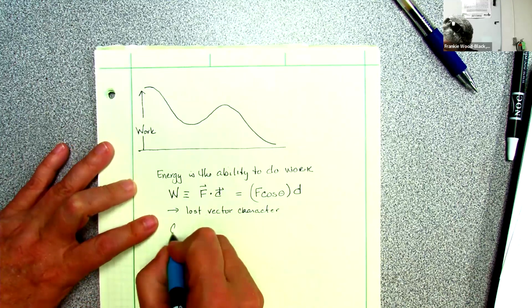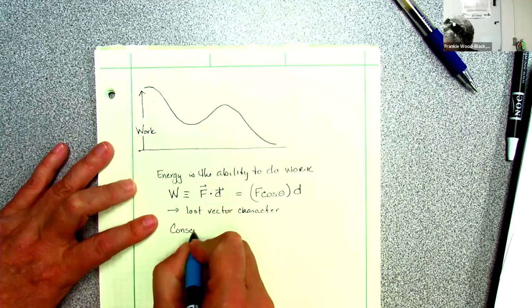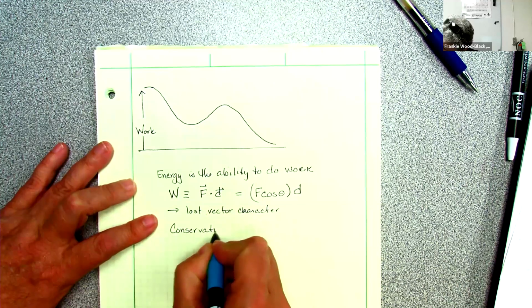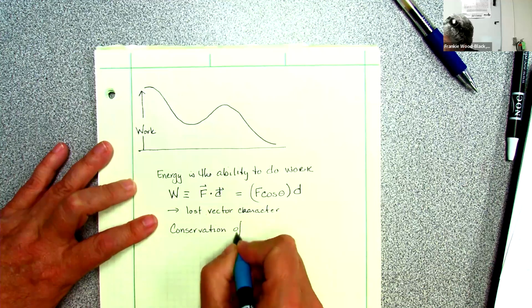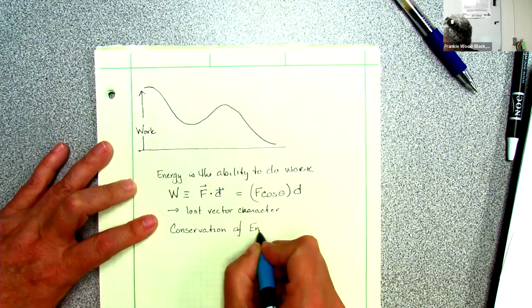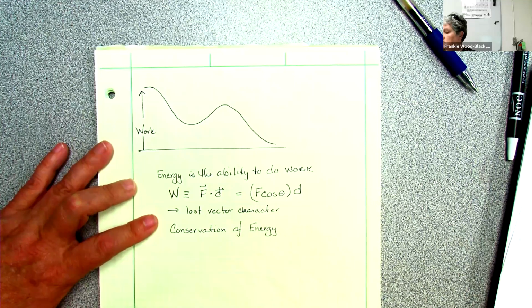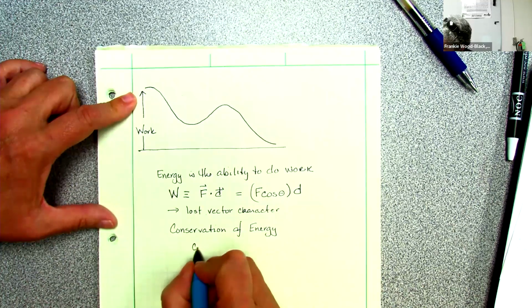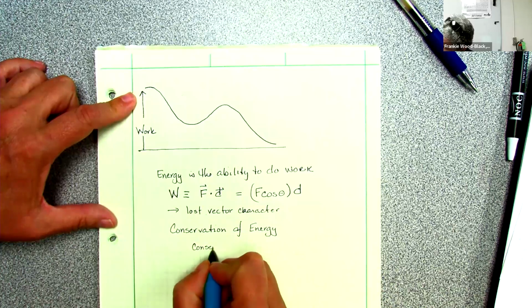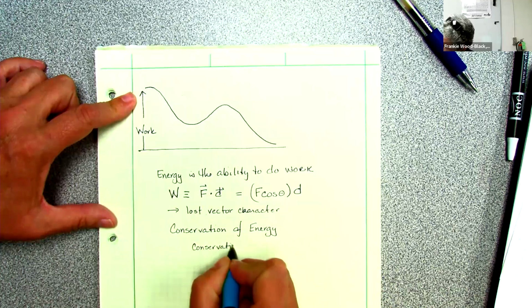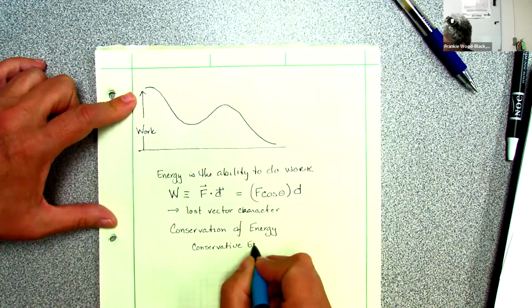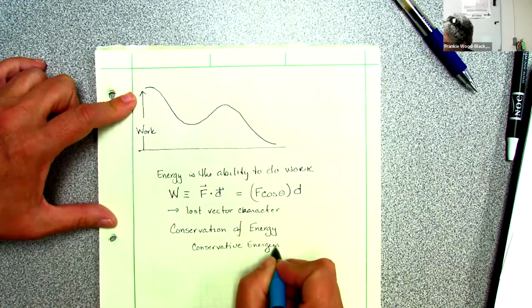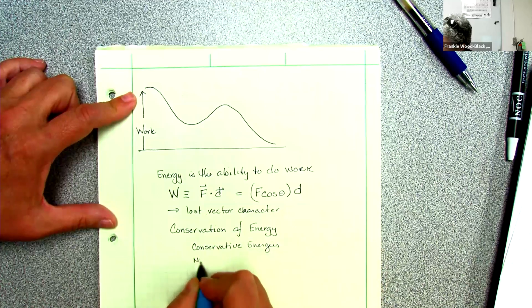We also talked about that we have conservation of energy. And that's what we're going to use this diagram to look at. And remember, we also have conservative energies and our non-conservative energies.